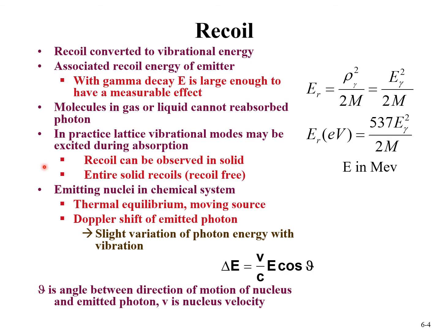In solids, the recoil can be observed, and there's a potential where the entire lattice vibrates, not just the nucleus that was emitting the photon, but that vibration is sent out over the entire lattice, so the solid recoils. This is called recoil-free.